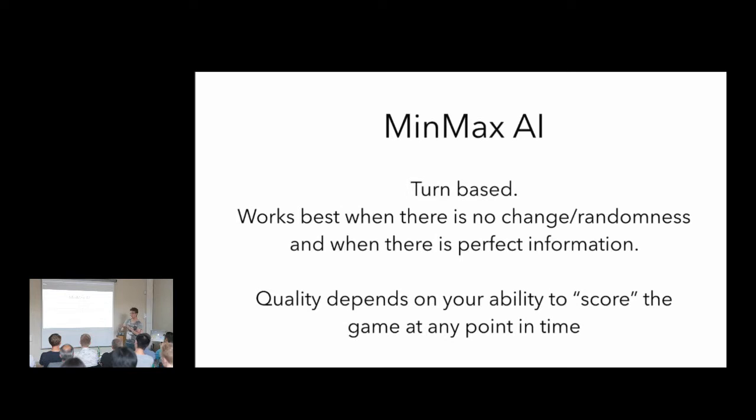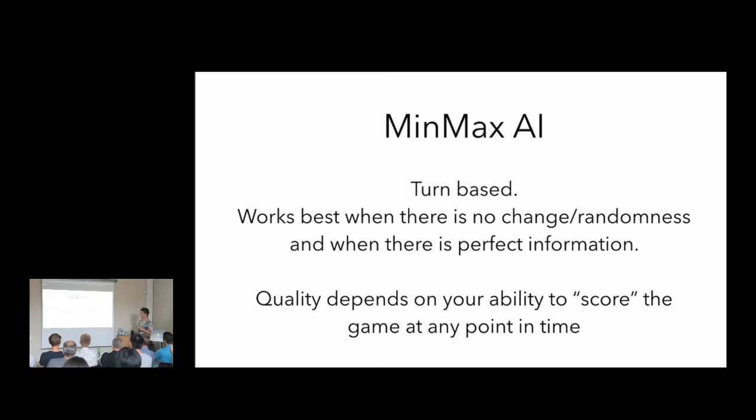Because it relies on knowing far in advance what's going to happen, it works best if there is no randomness in the game and that all information is available to you. So for example, in a card-playing game where you don't know what cards the other person is having on their hand, you can't really predict what they're going to do. And that makes it slightly harder for the AI to figure out what the best move will be.